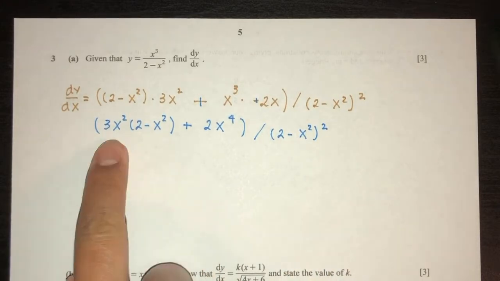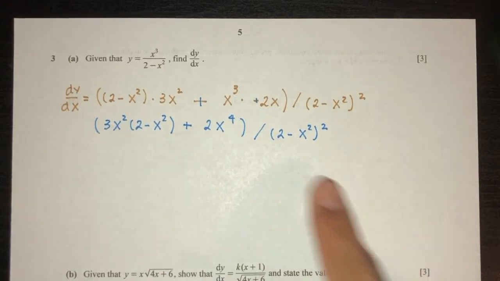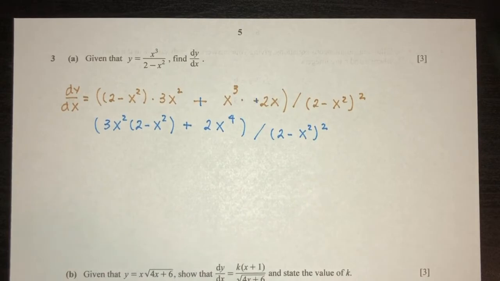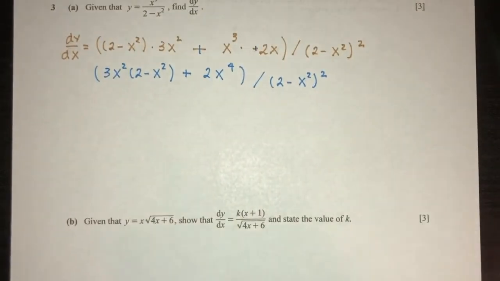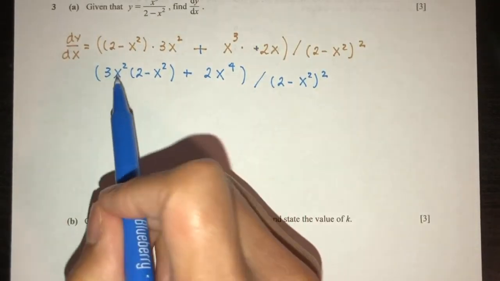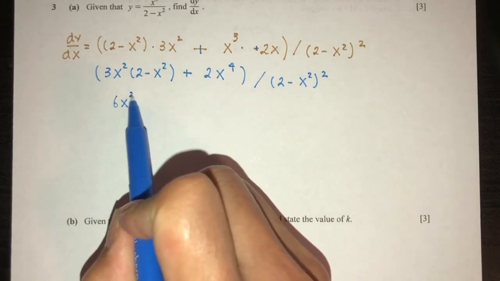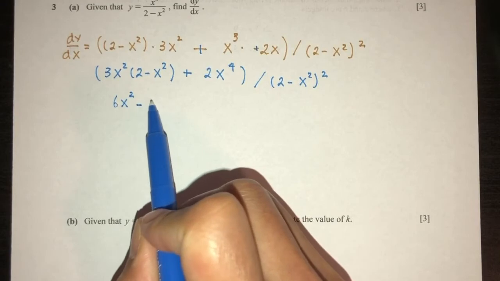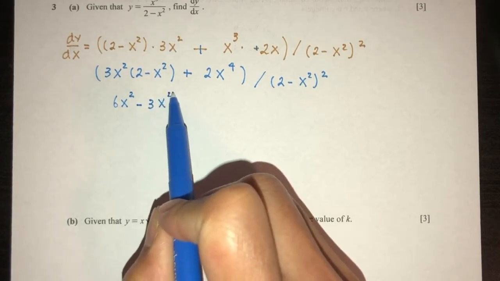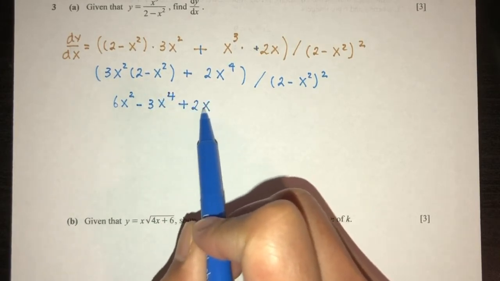Now if you want to expand and simplify, you can do that. If you want to leave your answer like this as well, it is okay. But of course we want to get the simplest term possible. So you can expand this. You will have 6x squared minus 3x power 4 plus 2x power 4.